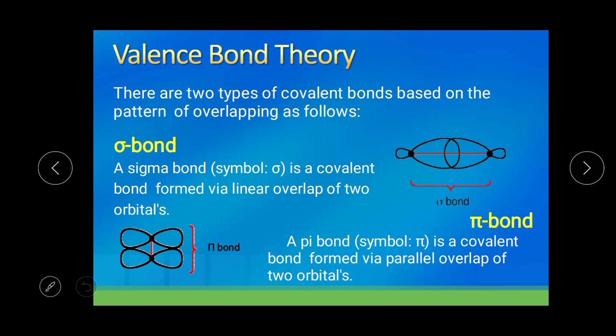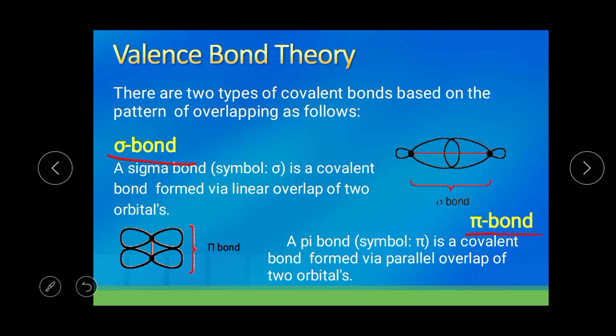There are two types of covalent bonds based on the pattern of overlapping: sigma bond and pi bond. In a sigma bond, the atomic orbitals overlap linearly.